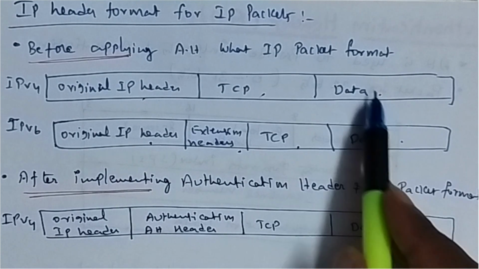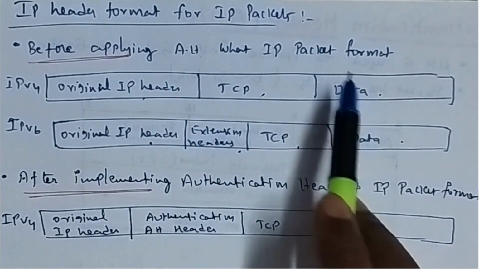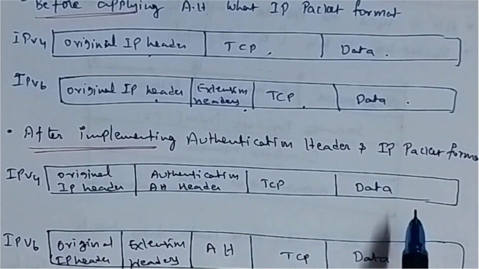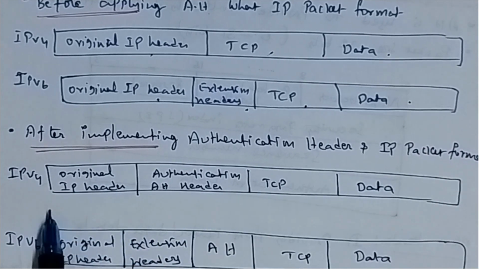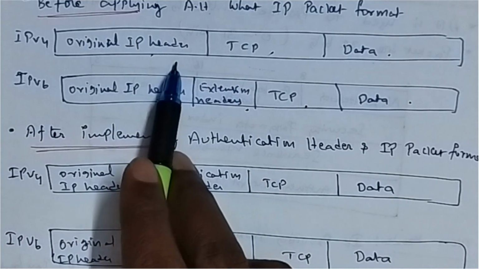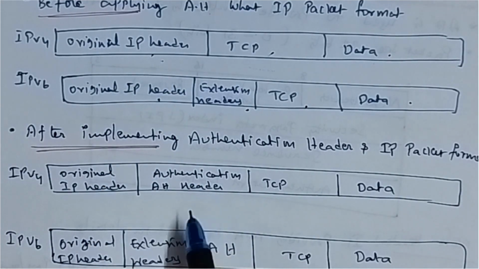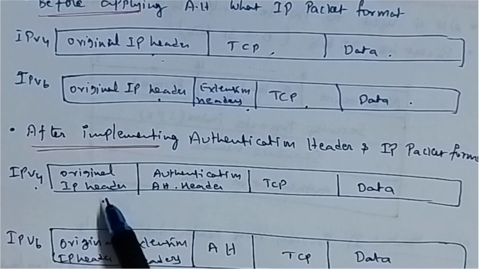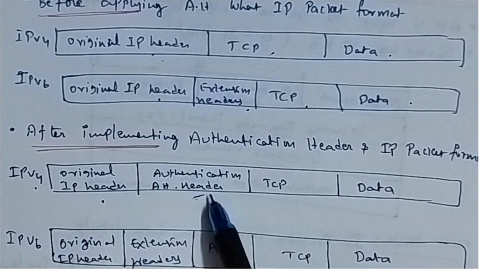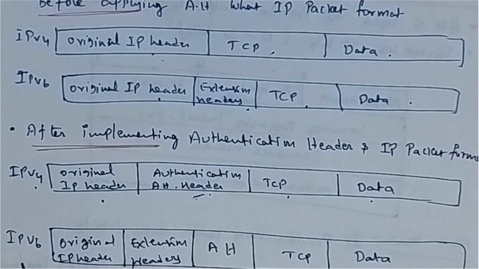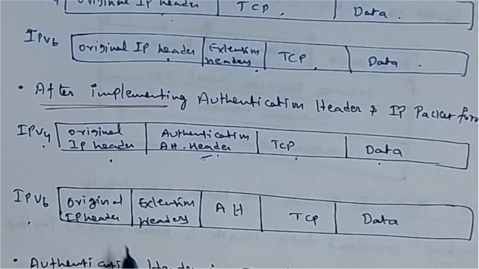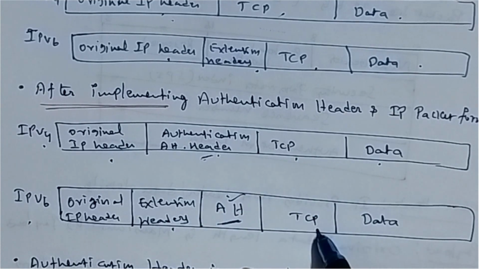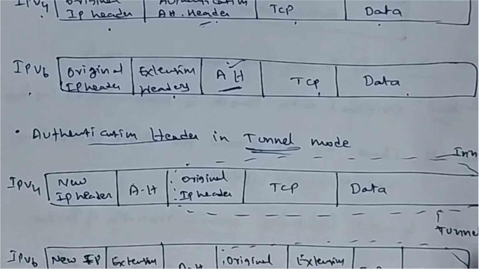After adding the authentication header, the IPv4 packet will be: original IP header, authentication header added here, and TCP and data. Same for IPv6: original header, extension headers, authentication header added, and TCP data.